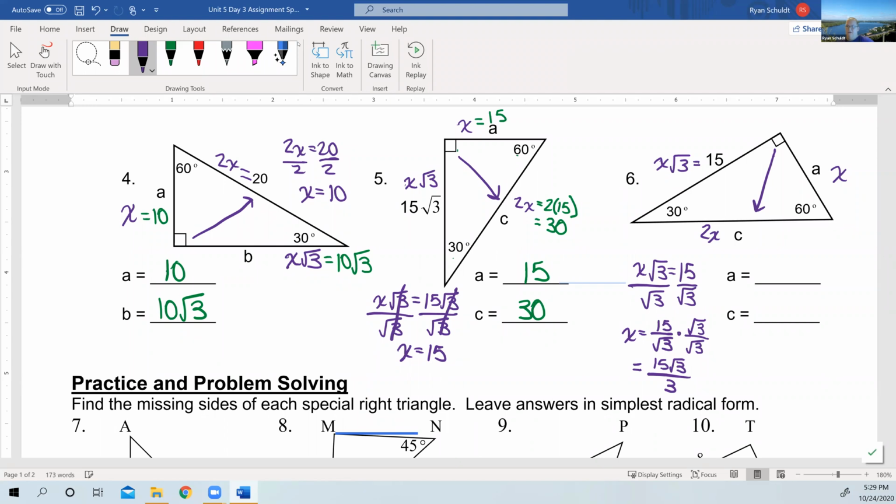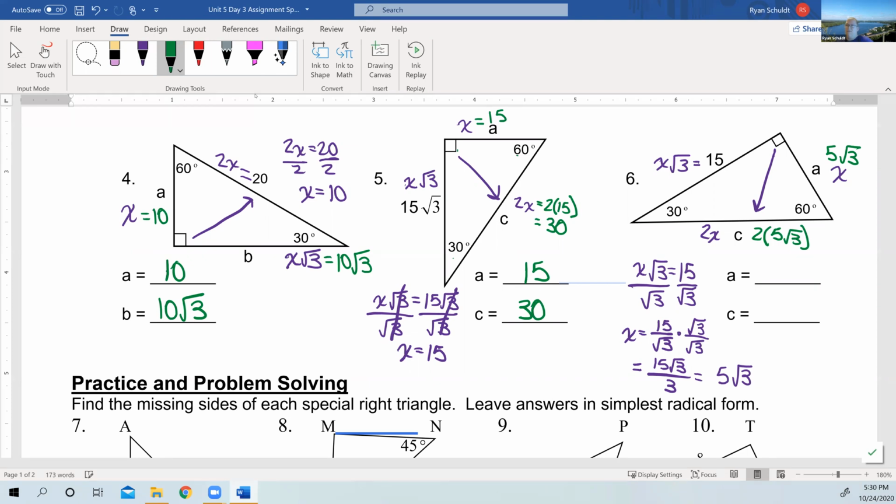So we're gonna get 15 square roots of 3 over 3. 15 divided by 3 is 5 square roots of 3. So that's my x. Everywhere I see an x, I need to write that. So here, 5 square roots of 3. Over here, 2 times 5 square roots of 3.